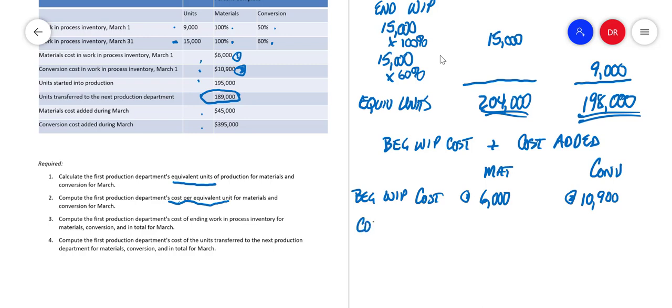So we have cost added materials. This is number 3. And that's going to be right here, 45,000. So we have 45,000 or a total cost of 51,000.